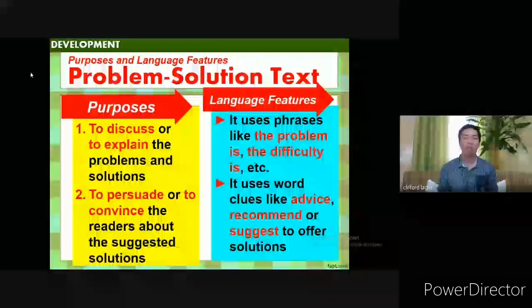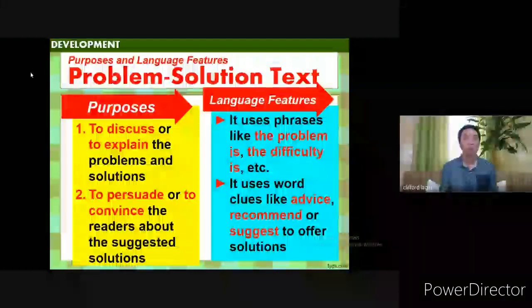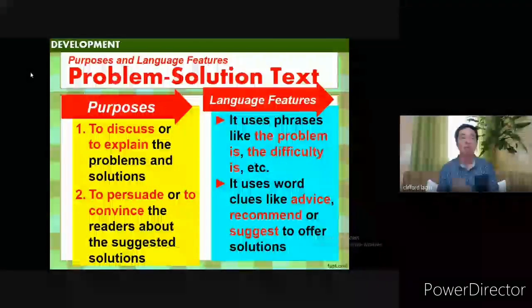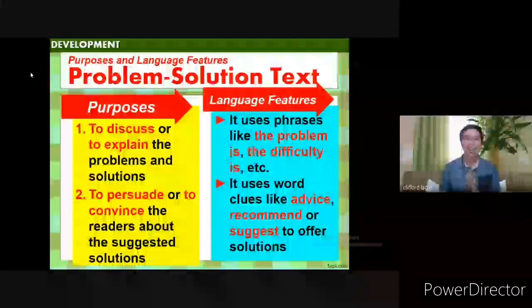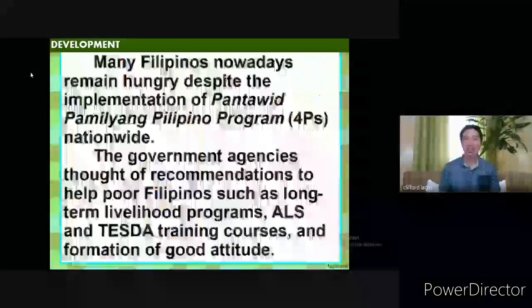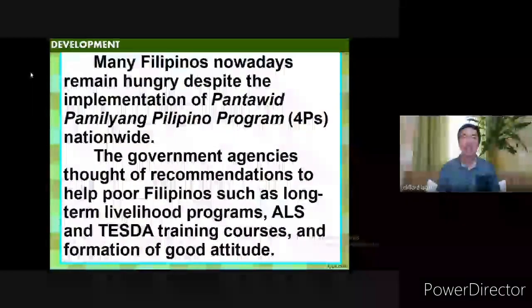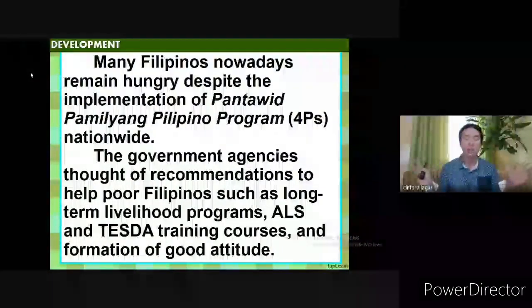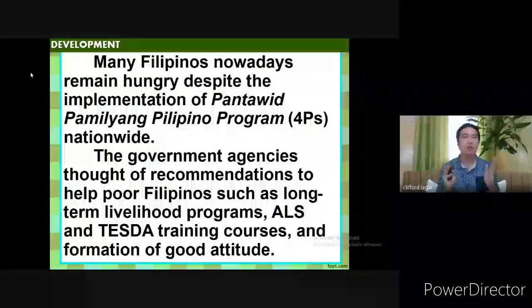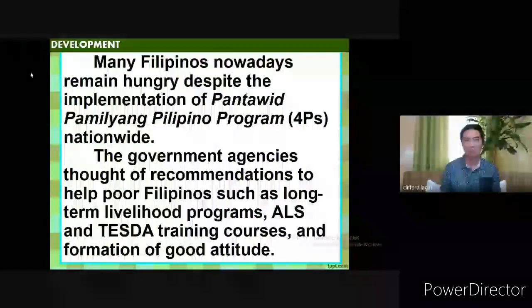At the same time, it also uses other word clues like advise, recommend, or suggest to offer and introduce solutions. Now, this is your task. So kindly read silently this text and tell me, why is this a correct example of a problem solution text type?